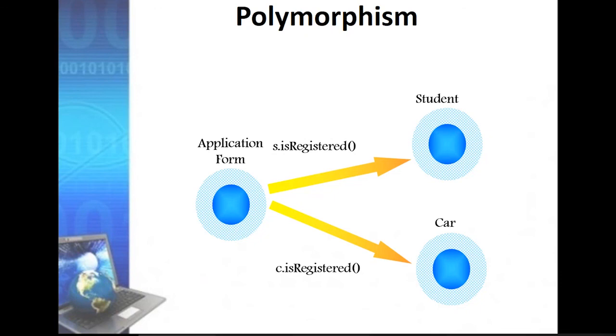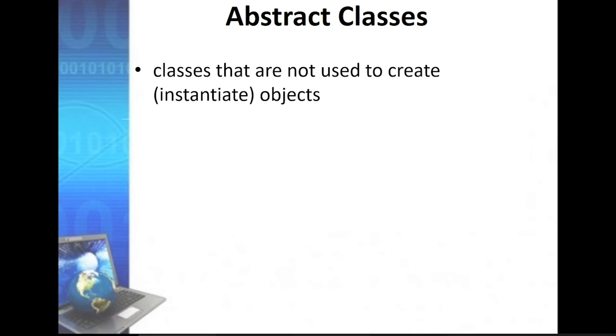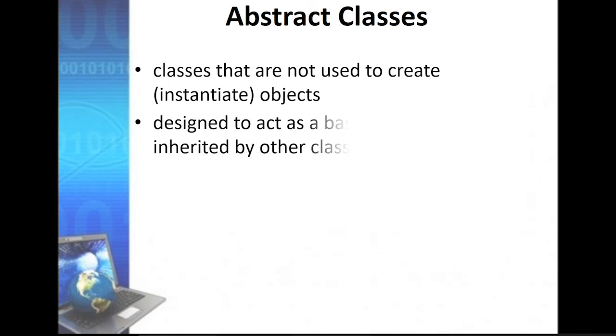Okay, sige. So, let's go to abstract classes naman tayo ngayon. So, classes that are not used to create objects. Okay? So, not all classes can create object. So, abstract class, hindi natin ginagamit yung abstract class para gumawa ng object. Kumbaga, ito yung mga type ng classes na baog. Okay? Di nakakagawa ng objects niya.